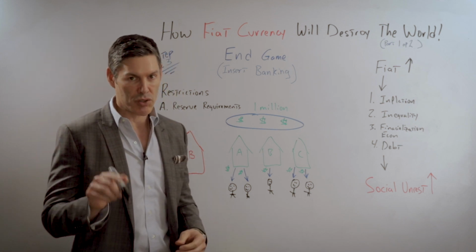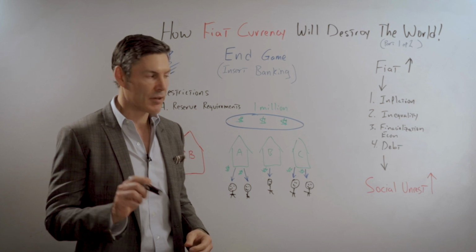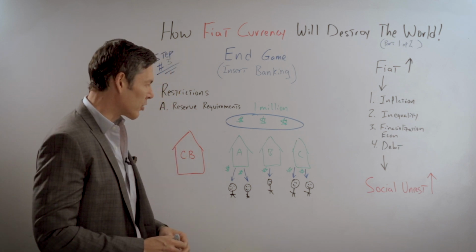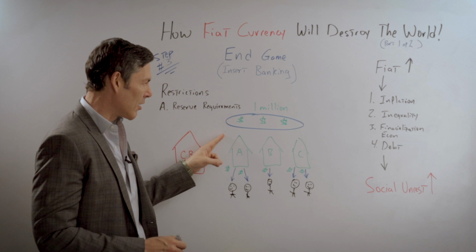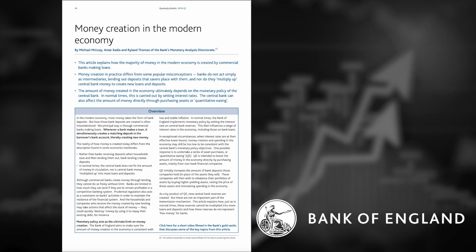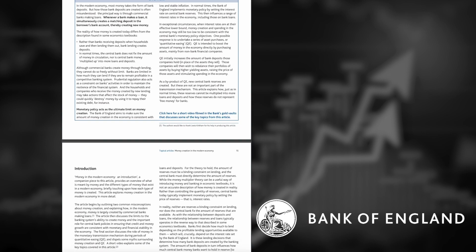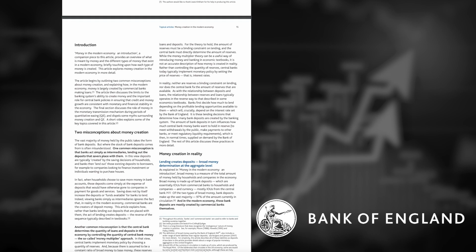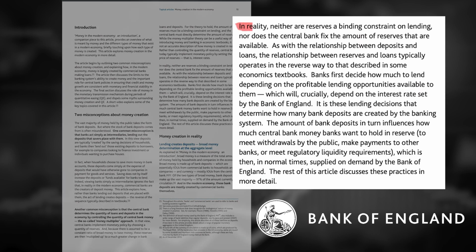That would be true if the banking system worked like that. But unfortunately, it may not. To explore this further, let's go back to the Bank of England's 2014 paper that I referenced earlier. In reality, neither are reserves a binding constraint on lending, nor does the central bank fix the amount of reserves that are available.